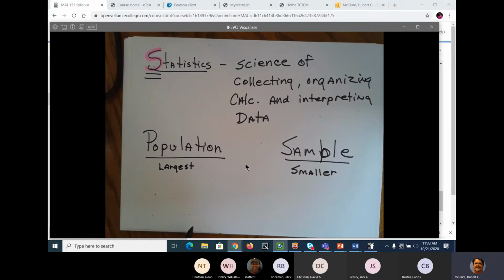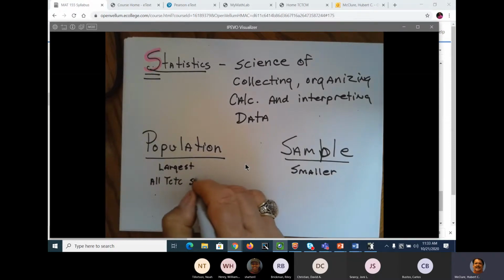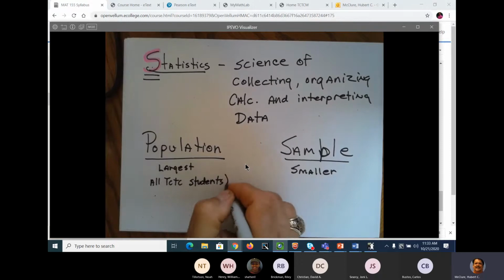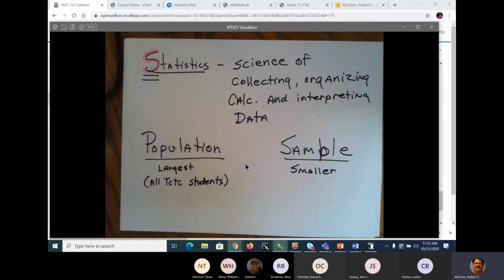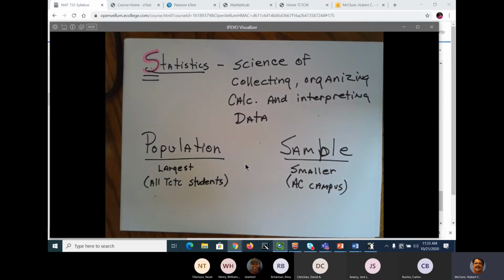So an idea of a population would be all Tri-County Tech students. That would be an example of a population. And if I wanted to just study a sample, that would be like AC campus. Okay, the sample is always smaller.